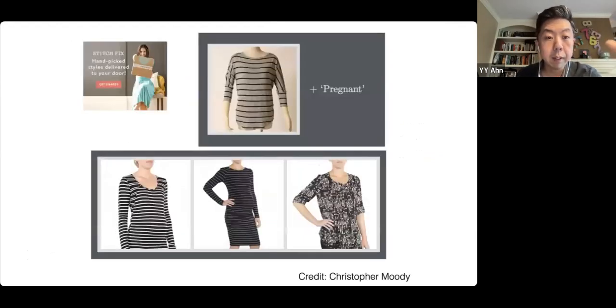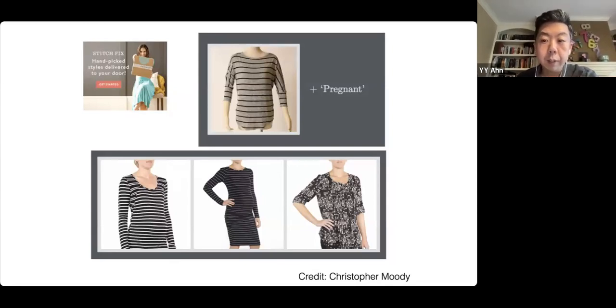For instance, Stitch Fix built a word embedding model that is trained with the IDs of pictures of clothing, so that they can learn the embedding of both clothing and words jointly. And then they could do something like, okay, I like this particular clothing, but I want a maternity version of it. And then they could simply add the vector for pregnant to obtain similar clothing from their database.